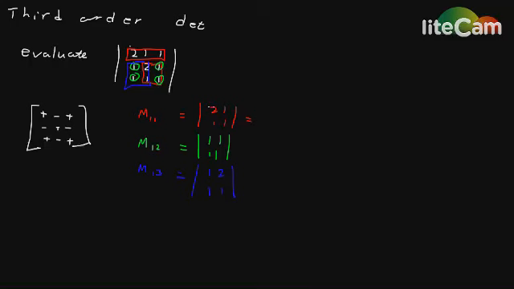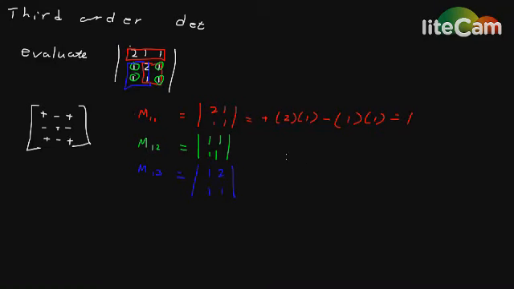So we're going to multiply 2 by 1 with a positive in front, then we're going to multiply those with a negative in front: negative 1 times 1, which is equal to 2 minus 1, which is equal to 1.